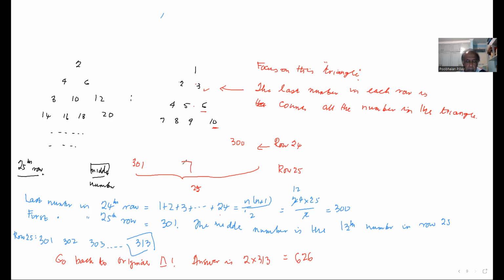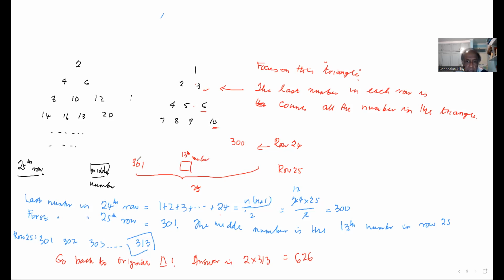So you want the middle one in that 25th row, it has to be the 13th number. That's the number which is right in the middle of 25 numbers. You'll have 12 on this side, 12 on that side, and that makes 24. So the middle one will have to be 13.